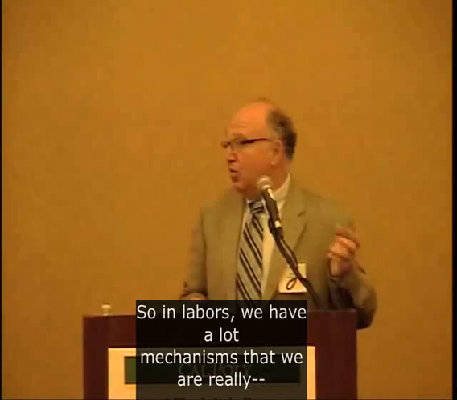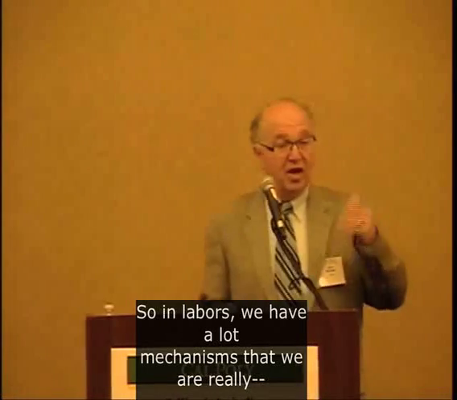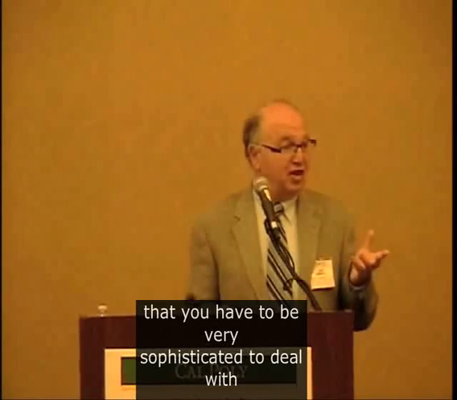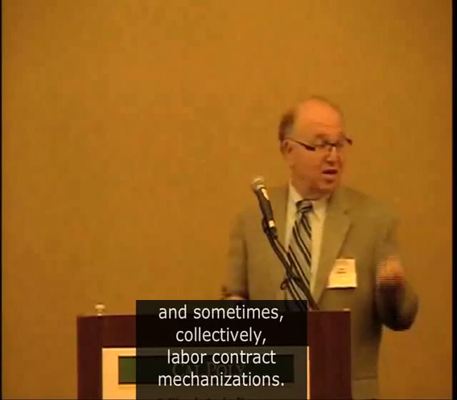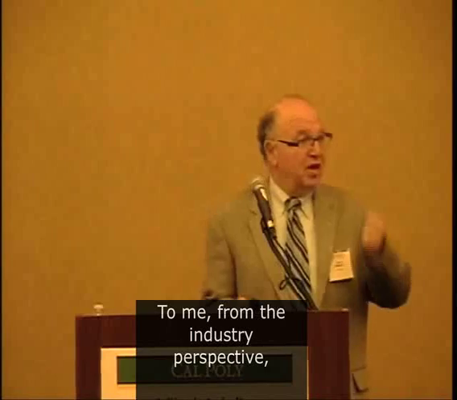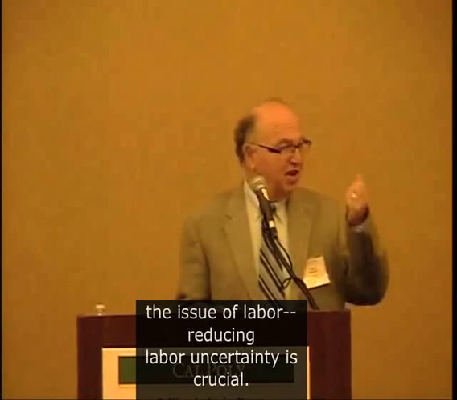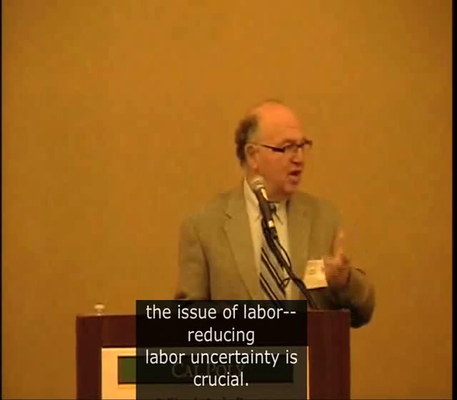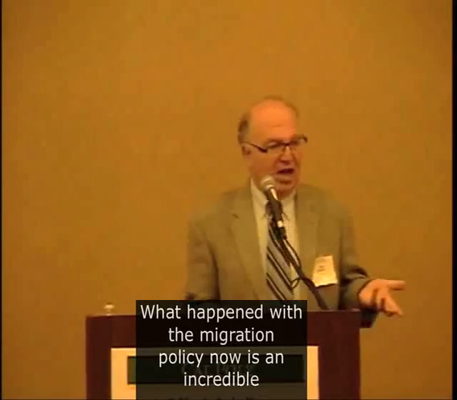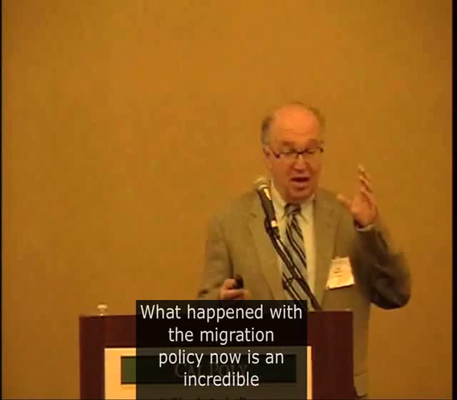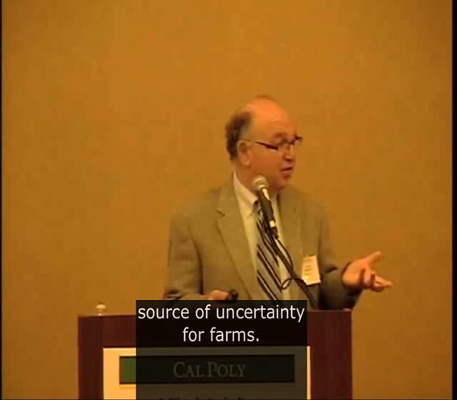So in labor, we have a lot of mechanisms that you have to be very sophisticated to deal with, sometimes collectively, labor contracts, mechanizations. To me, from the industry perspective, reducing labor uncertainty is crucial. What happened with migration policy now is an incredible source of uncertainty for farms.